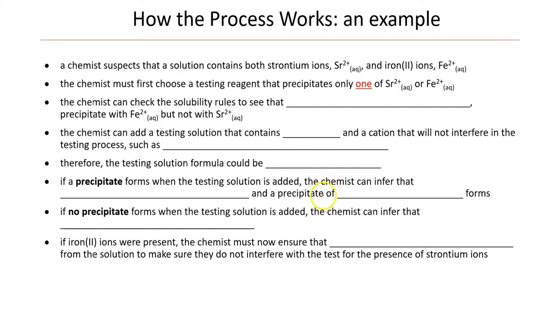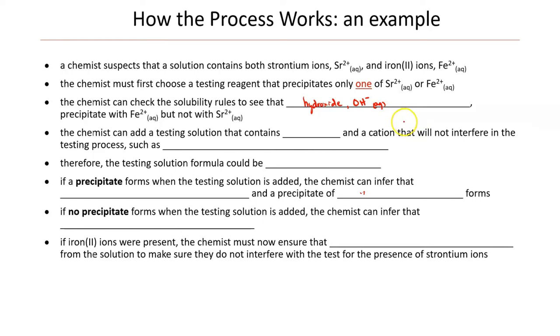And so I would want an anion that precipitates just with my iron 2, and so I might use hydroxide, because I know that my hydroxide ion will combine with my iron 2, but it will not combine with my strontium ion.